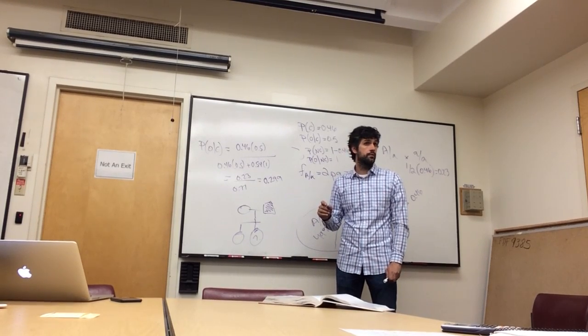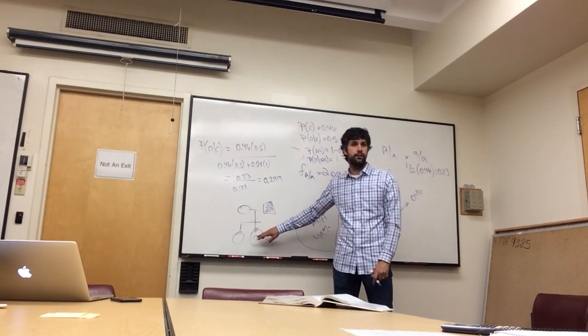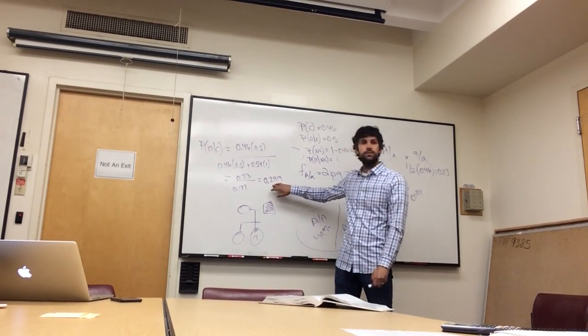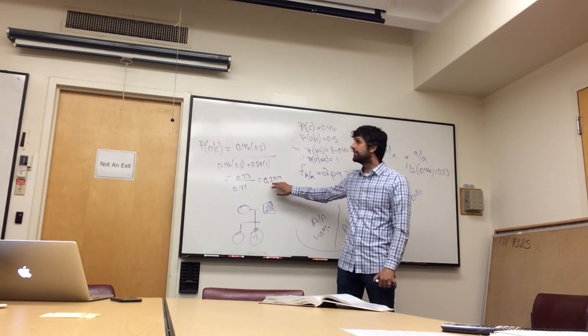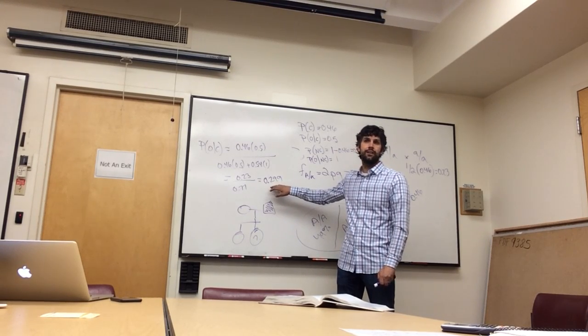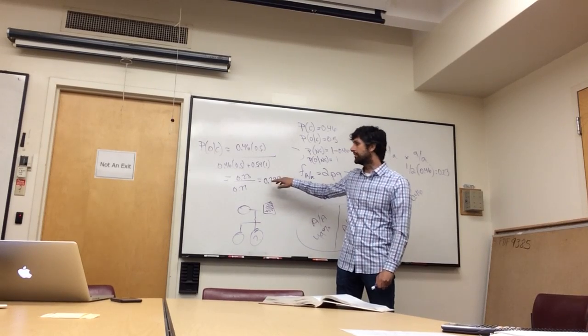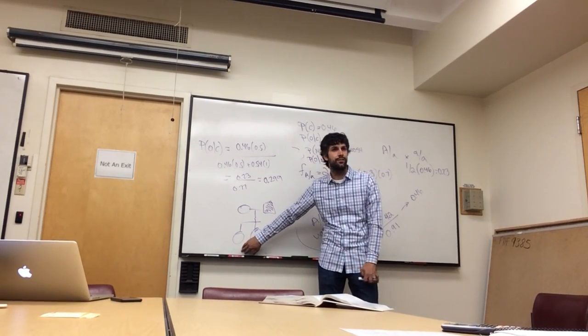It'll only be 0.5 if she's a carrier, right? And what did this tell us? This is the probability that she is a carrier, given that she had this one unaffected child.